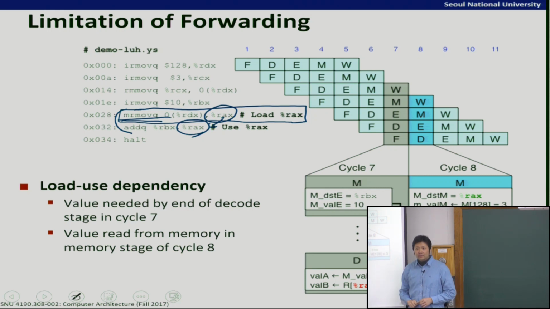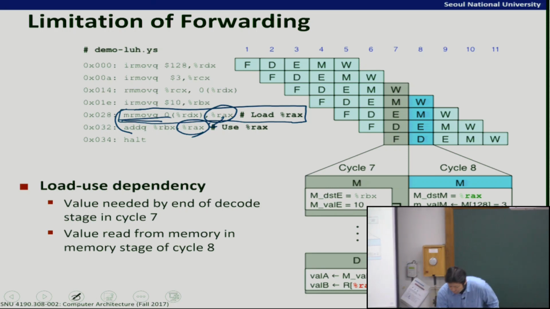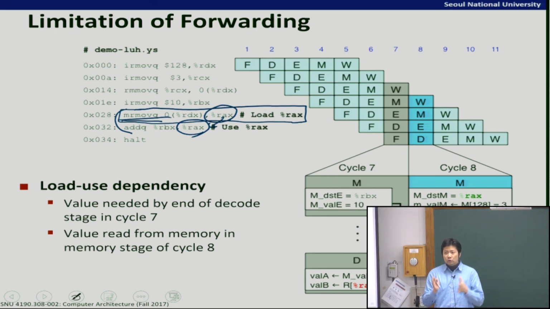End of cycle 8, right? Because you actually have to access the memory in order to get the value, right? So in this case, the value becomes available somewhere around here in cycle 8, probably near the end of cycle 8, because you need to access the data memory in cycle 8, right? So your value becomes available here.